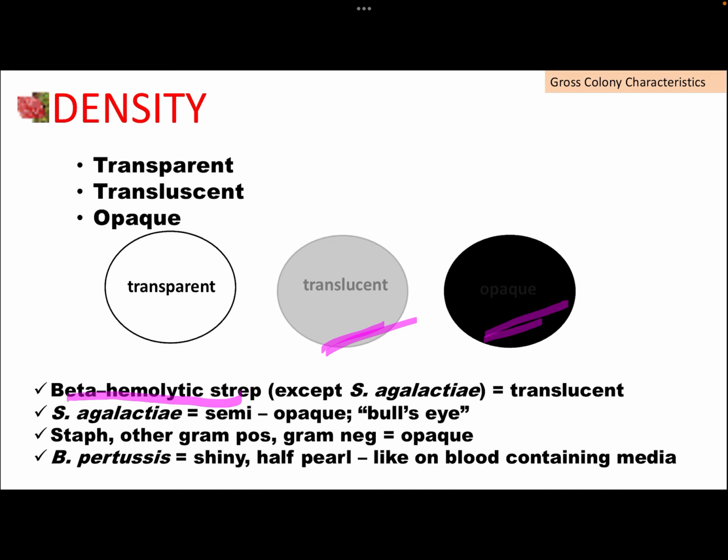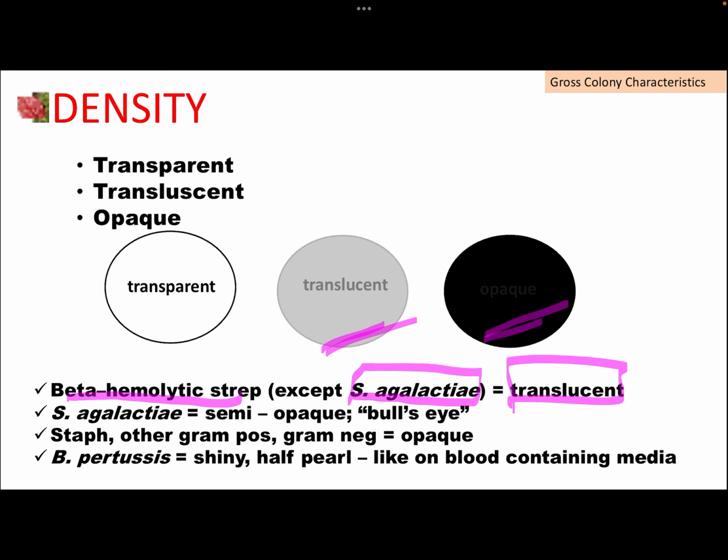Again, I have given you examples of beta hemolytic streptococci, such as Streptococcus pyogenes and Streptococcus agalactiae. Beta hemolytic streptococci, except Streptococcus agalactiae, are usually translucent.